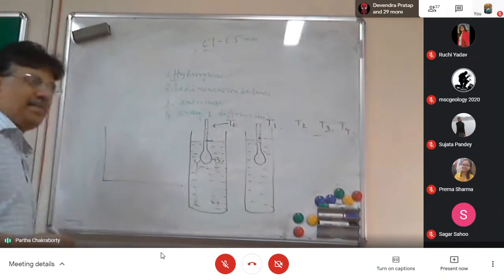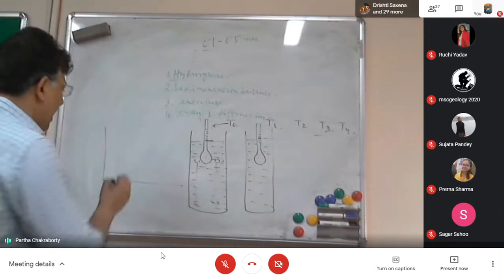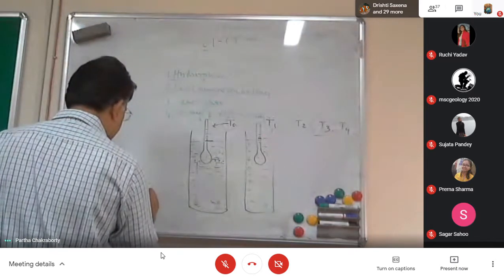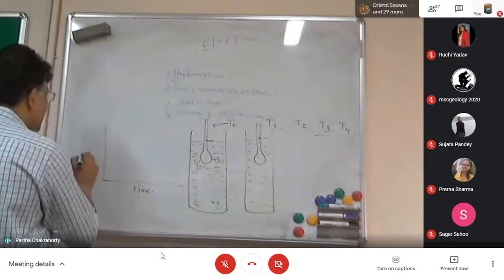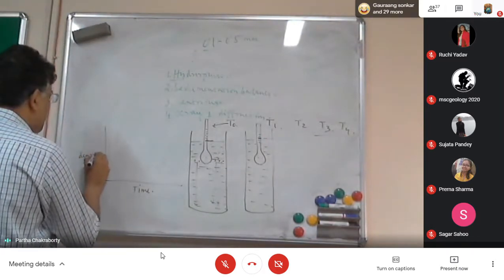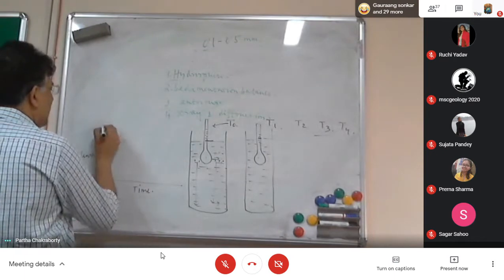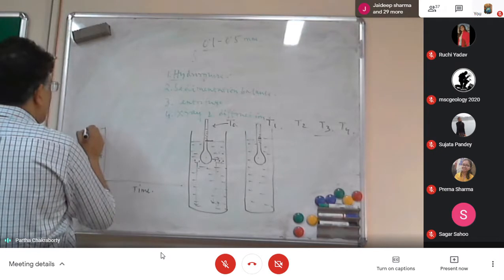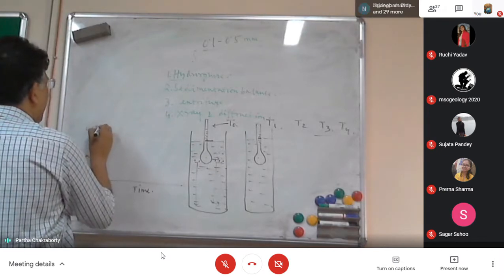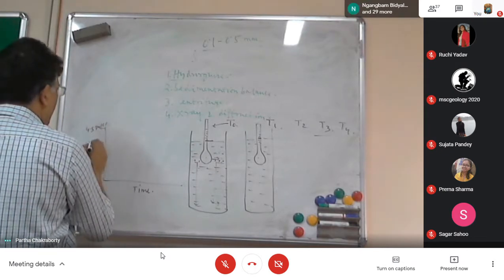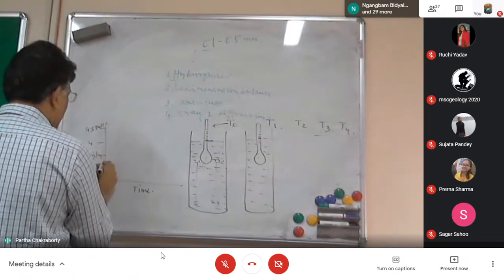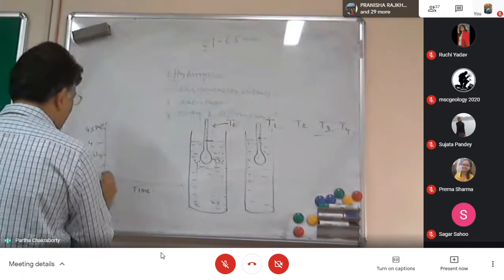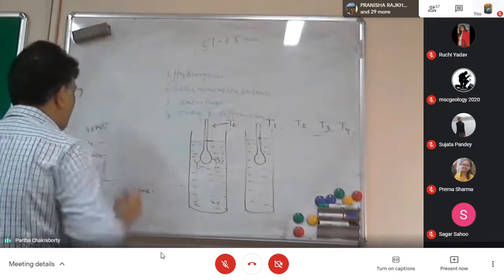If I make a curve with time and density, I can have densities of 4.5, 4, 3, 2.5, 2, all in gram per cc.